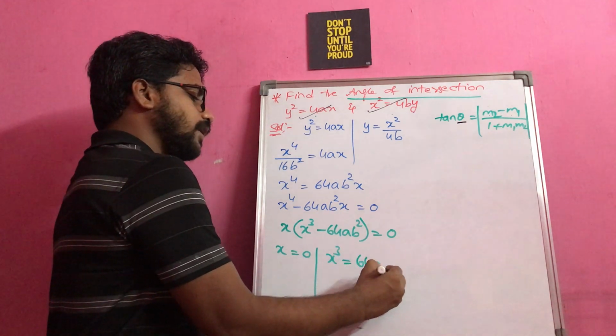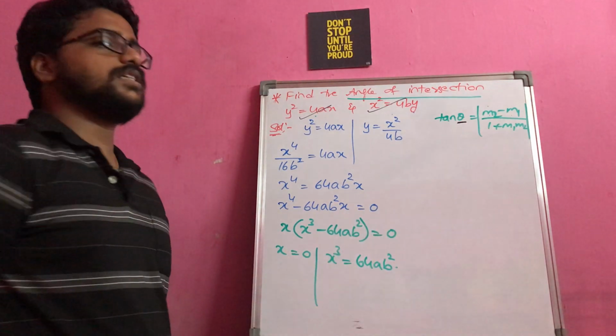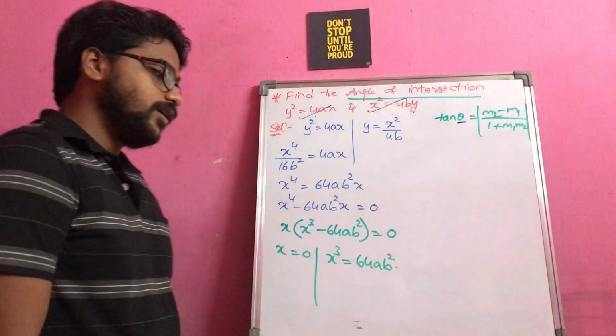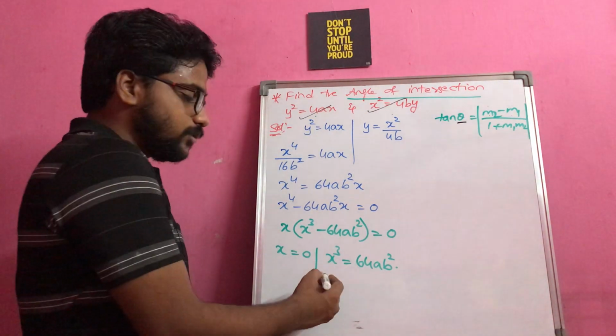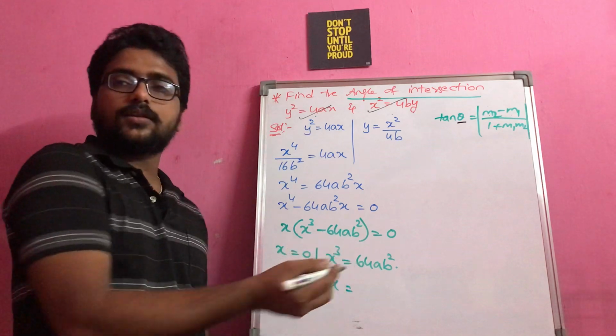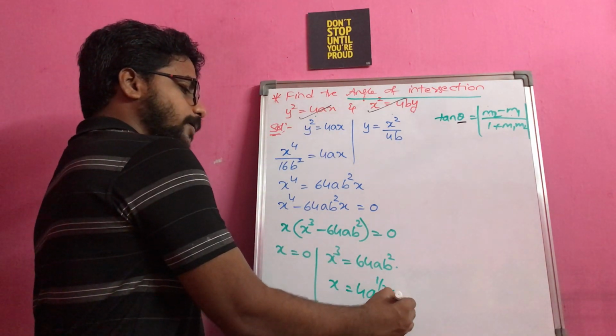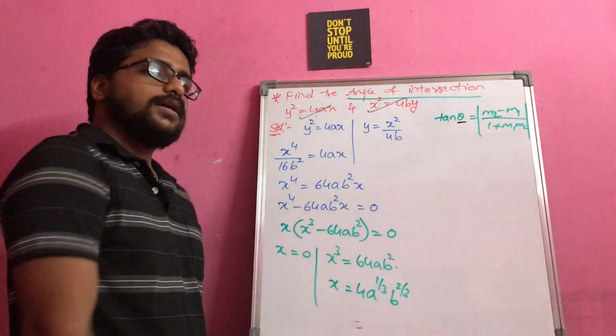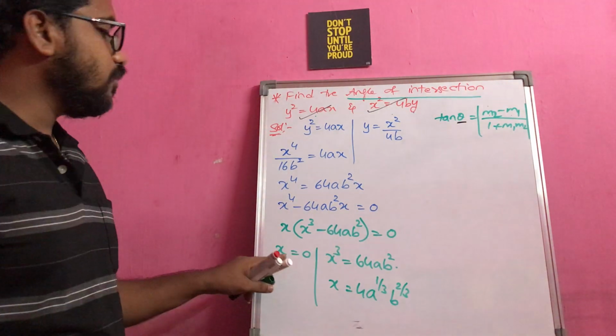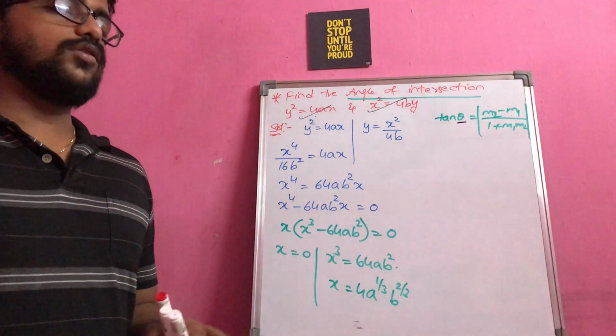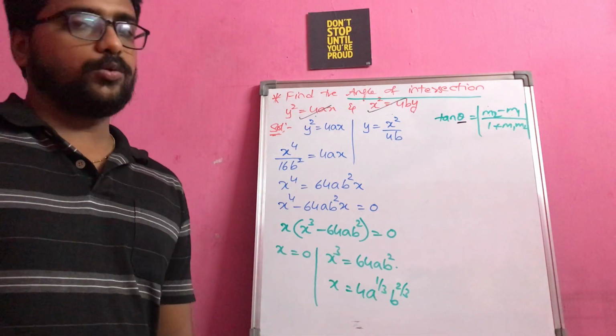So x cube is equal to 64ab square. But we need the value of x, so I am sending the cube to the other side. It becomes 4 a power 1 by 3 b power 2 by 3. So you are getting x is equal to 0 and x is equal to 4 a power 1 by 3 b power 2 by 3.